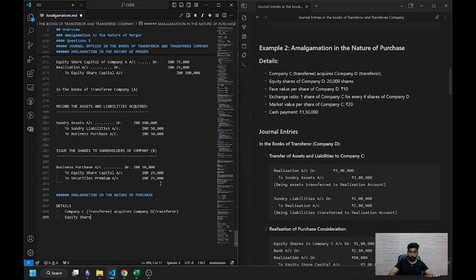Equity shares of company D are 20,000. Face value per share of company D is rupees 10.